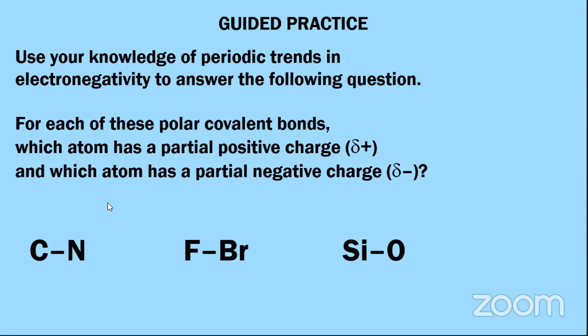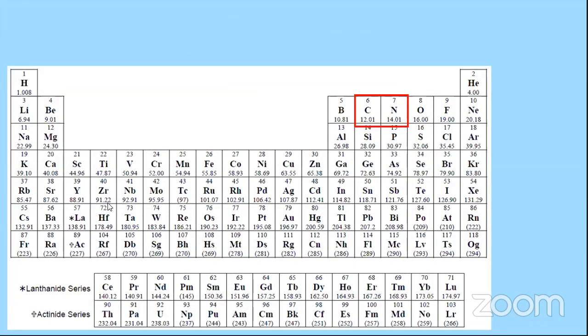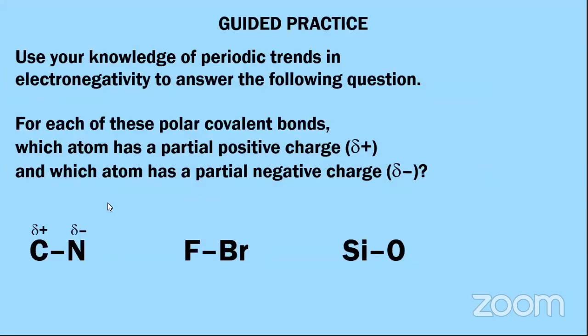And that will help you decide who gets a partial negative charge. So if you're looking on your periodic table along with me, you will notice that nitrogen is further to the right. And if nitrogen is more electronegative, it's going to have a partial negative charge.